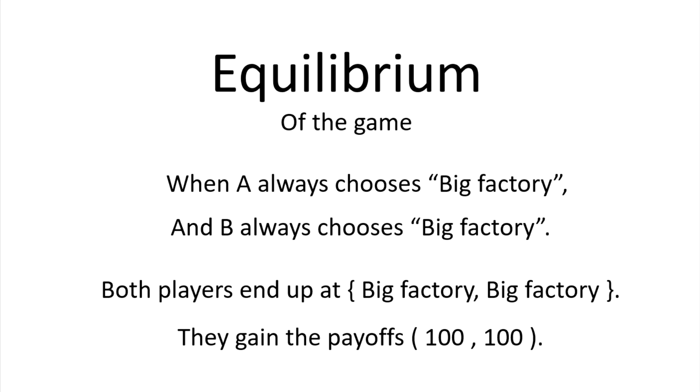The equilibrium of the game means the answer of the game. So the game ends up at A builds big factory and B builds big factory. And the payoffs, or the gains, that both player A and player B will get in this game: they both gain the payoffs 100 and 100 million baht. So player A gains 100 and player B gains 100.